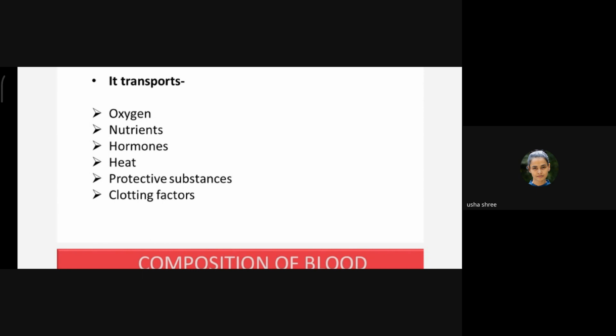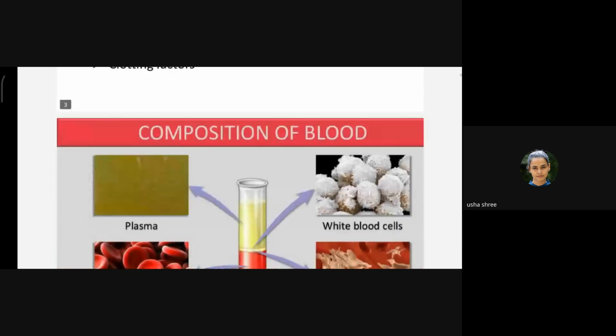And there is the plasma of blood in which all these cells are floating. Some other factors are also there in blood, but mainly white blood cells, red blood cells, platelets and plasma. So platelets are mainly the clotting factors.